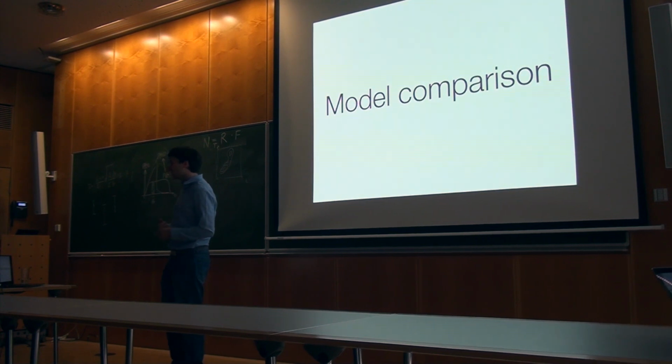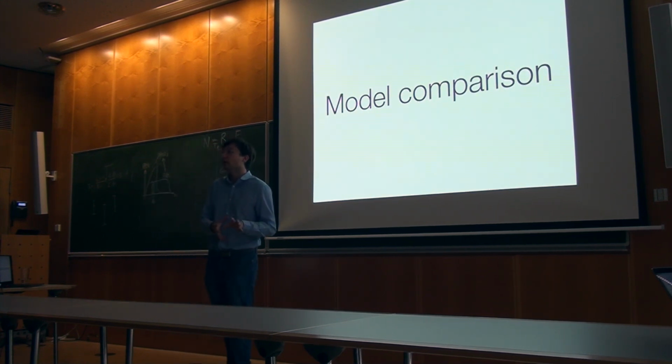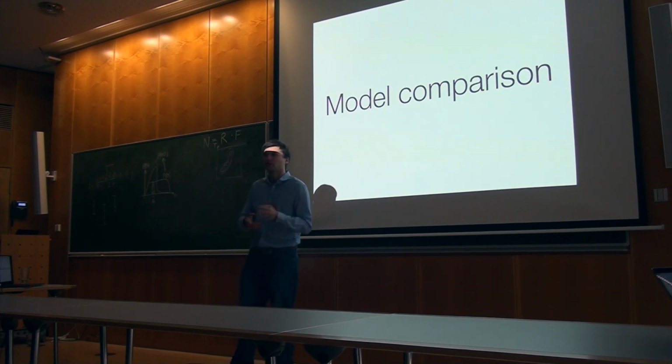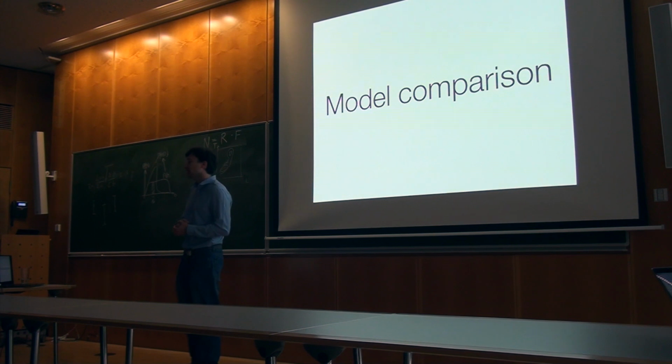Now we're coming to the topic of model comparison. We discussed a lot how to constrain parameters, for example, with MCMC or finding the best fit. But that is within the context of one particular model. And often we have multiple competing models and we want to discriminate between those. That's all summarized under the topic of model comparison.